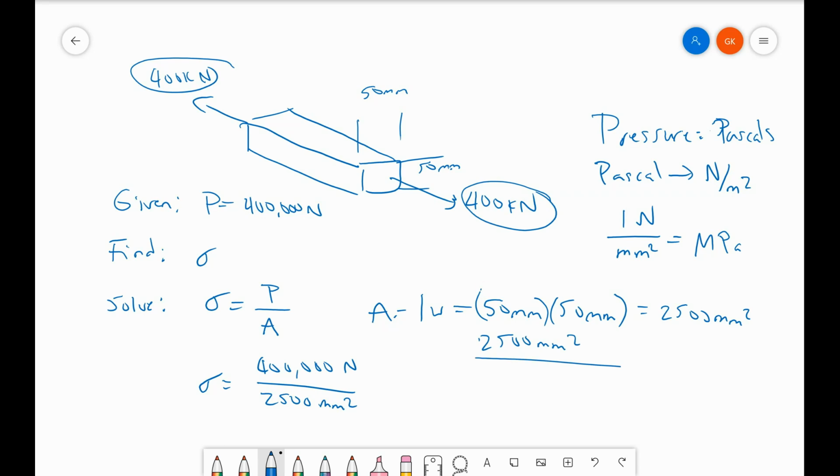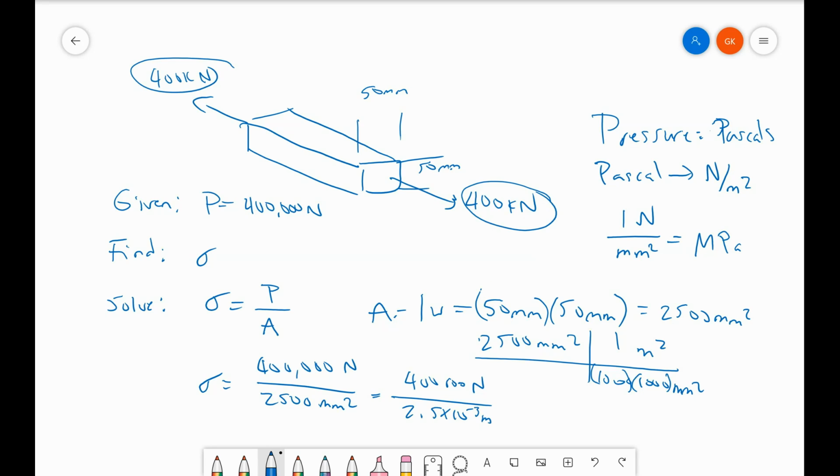If I want to convert that to meters squared, there are 1,000 times 1,000 millimeters squared in 1 meter squared. Which in the case of our current problem means that I get to cancel. I can say that it's equal to 400,000 newtons over 2.5 times 10 to the negative third meters squared.